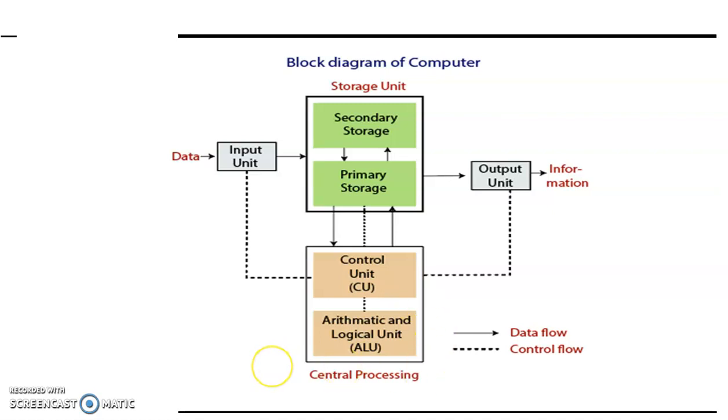Now let us discuss CPU. CPU contains two major parts, that is the control unit and the arithmetic and logic unit. Both portions are jointly known as CPU, that is the central processing unit. This CPU acts like the brain of your computer.